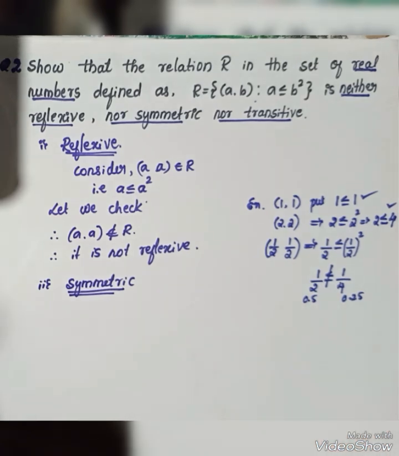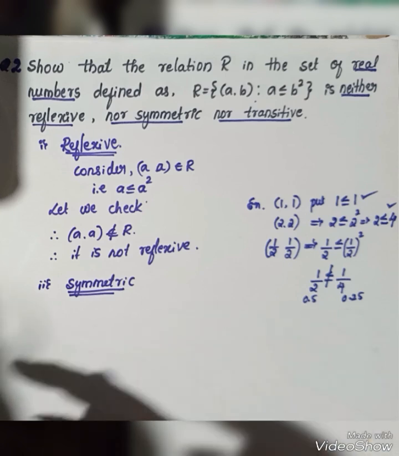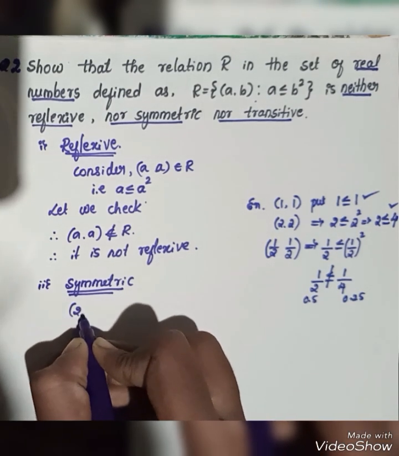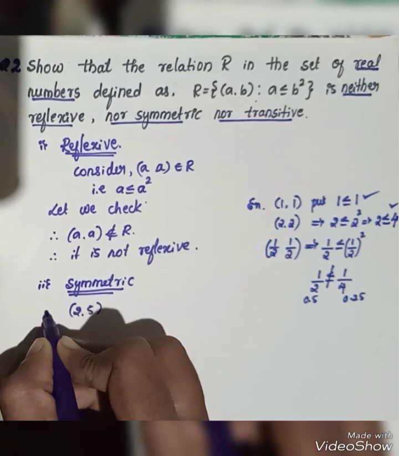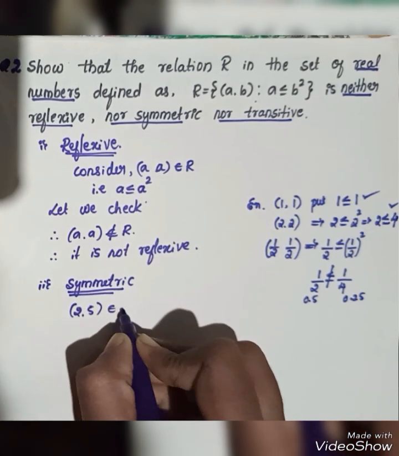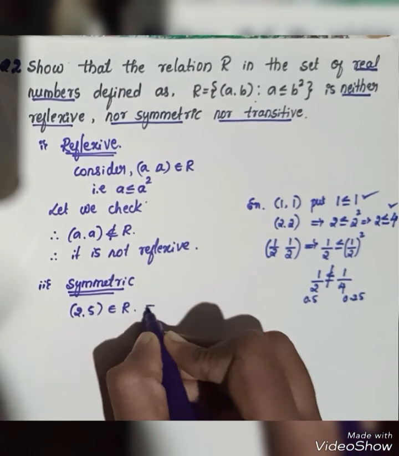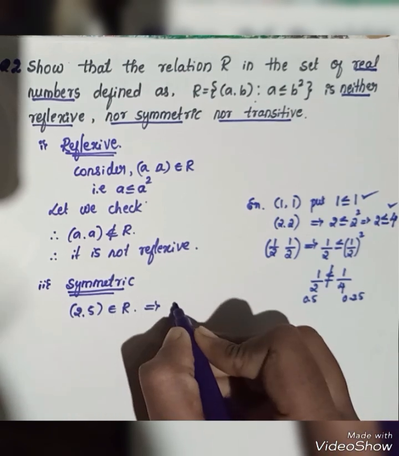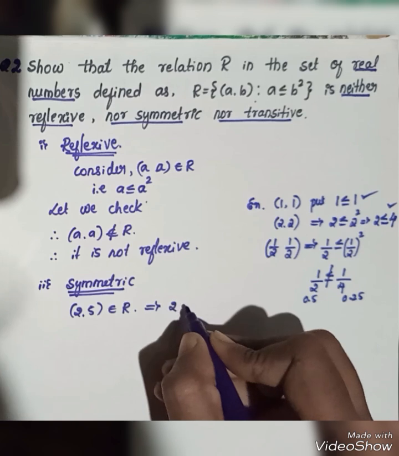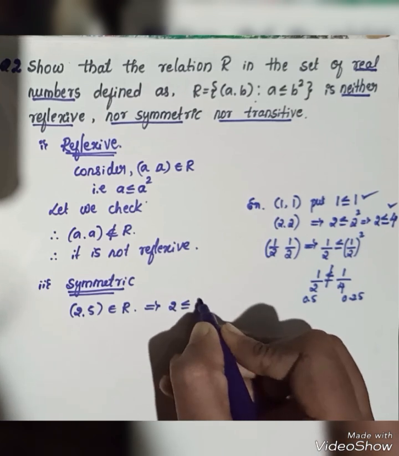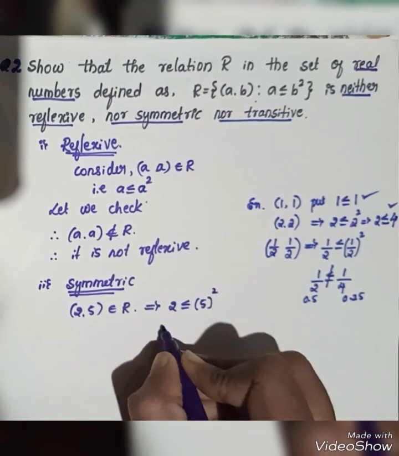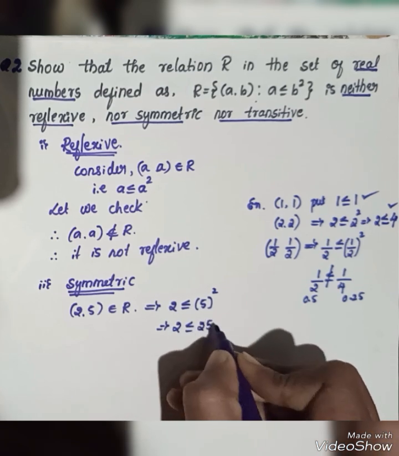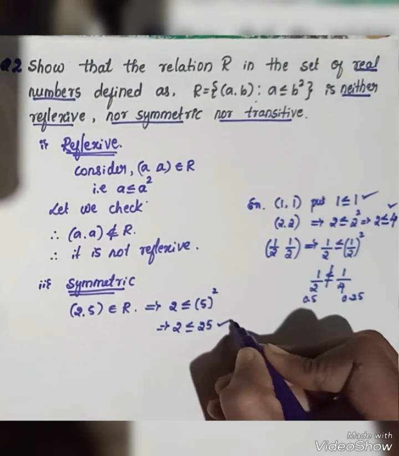Next, for checking, we take two real numbers, 2 comma 5. 2 comma 5 belongs to R. Checking the condition, A becomes 2 and B becomes 5 square. 2 is less than or equal to 5 square, that is, 2 is less than or equal to 25. The condition is satisfied.